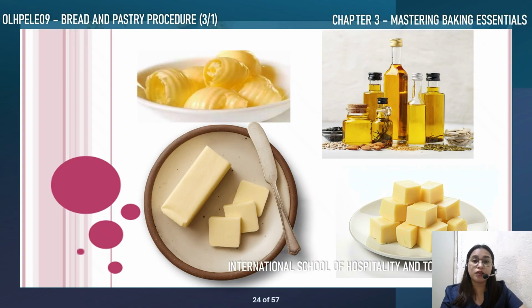Then lard, pork fat, creates tender, flaky pastries and pies, for example, the Armor lard. Then oils like corn, canola, and olive oil are liquid fats best for muffins and quick breads. Vegetable shortening is solid, flavorless, and odorless, providing tenderness and longer shelf life for pies, cookies, and cakes, like for example Crisco and Golden Fry.